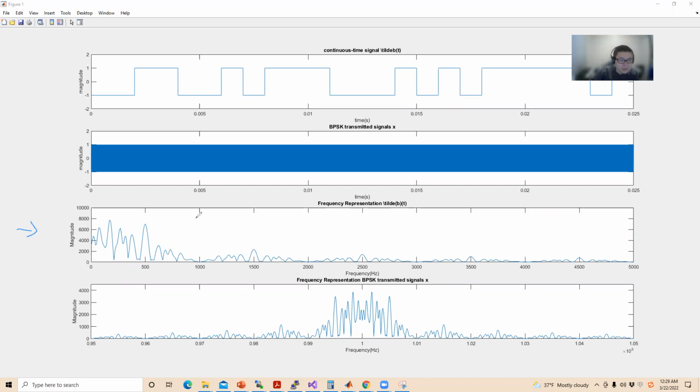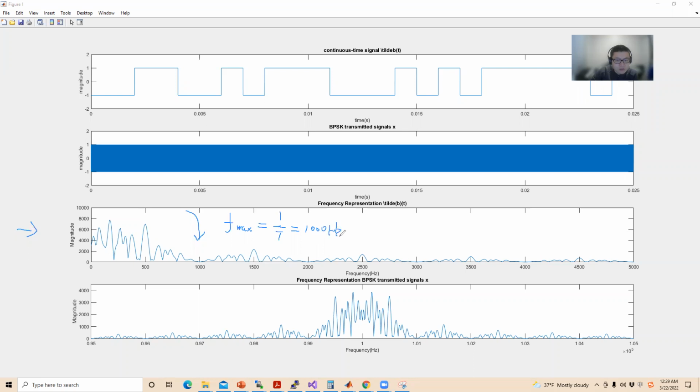I have introduced that the baseband signal should have the maximum frequency of 1/T. Here, it should be 1000 Hertz.